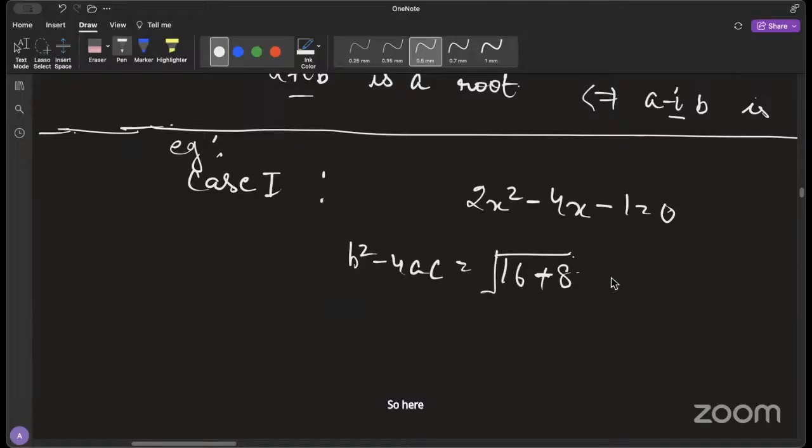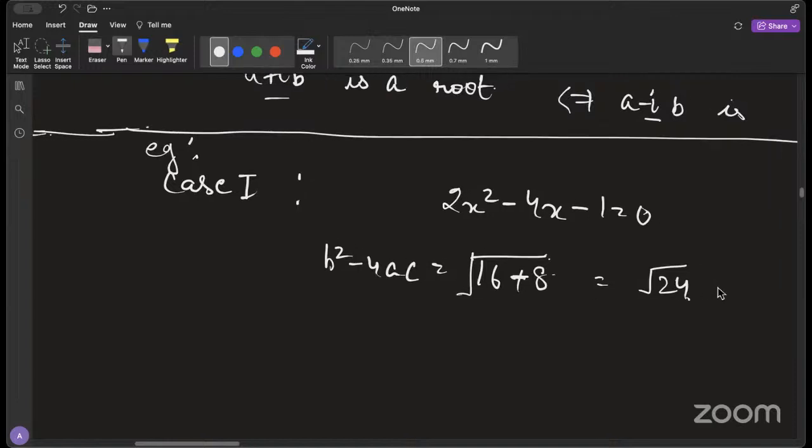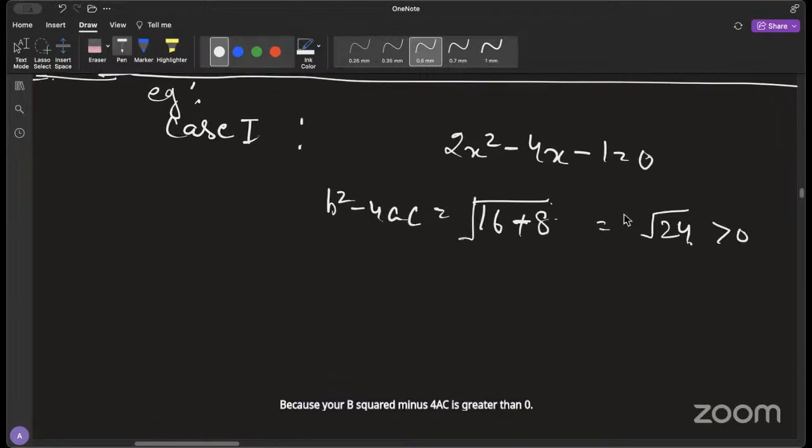So here you will have square root of 24, and in the roots you will have plus minus square root of 24, right? Because your b square minus 4ac is greater than 0. This is greater than 0, right?